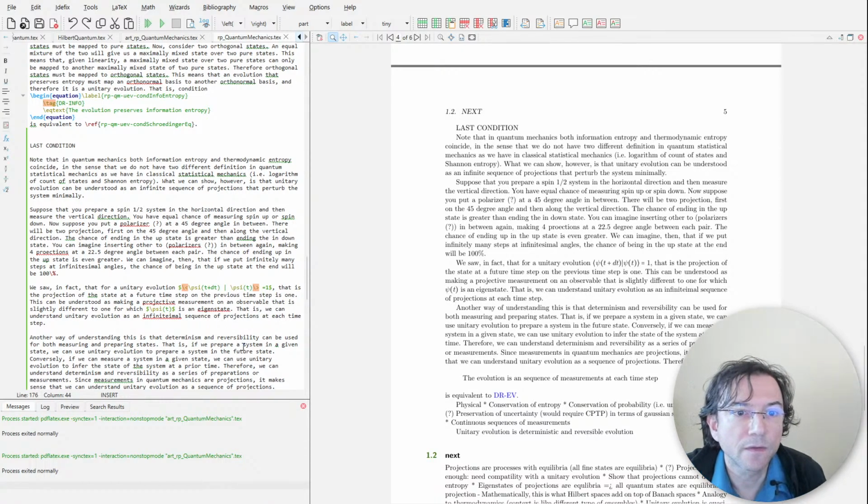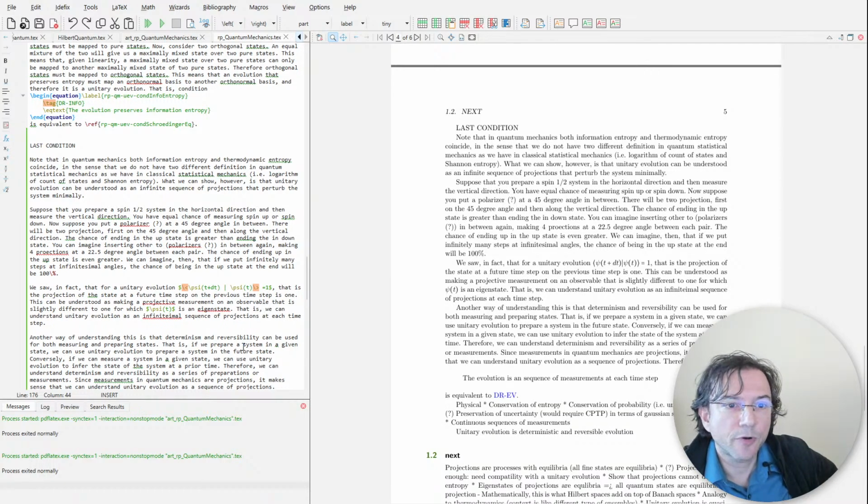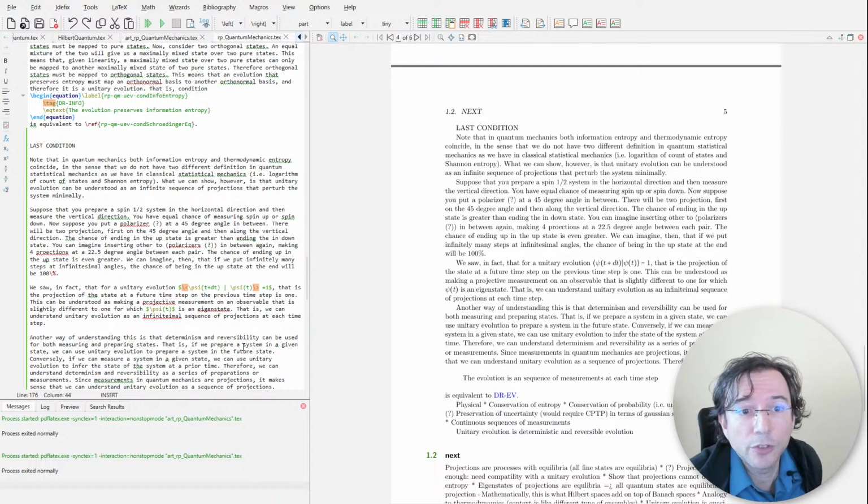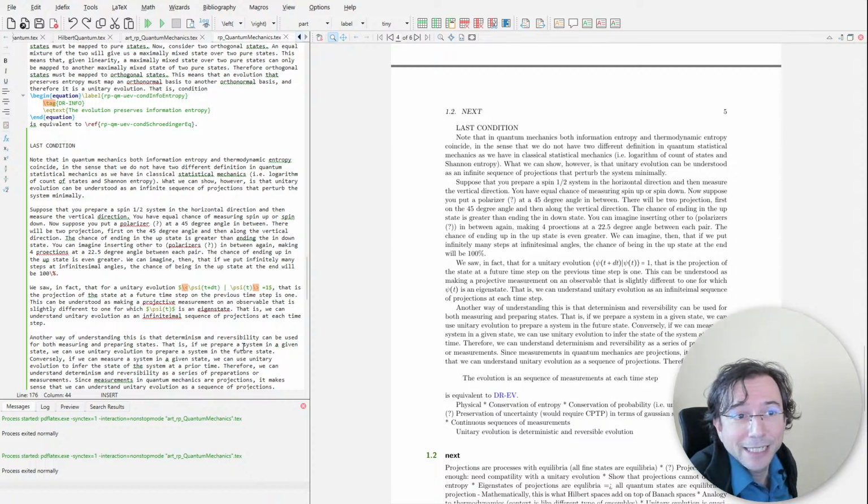Okay, so for me, a pure to mixed process is simply entangling with an environment, an auxiliary system, and then discarding it, throwing it away. Yeah, so in quantum mechanics, you can certainly see any mixture as being something entangled with something that you throw away. Yes.